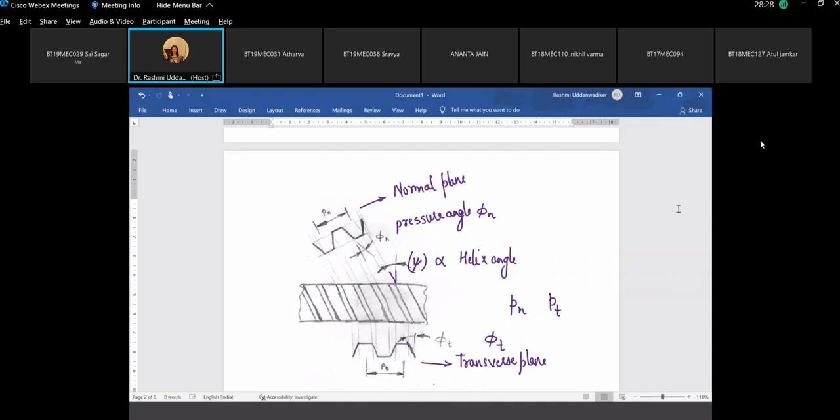Quickly, please. Pn is equal to Pt into cos alpha. And the same relationship will be there for module. So normal module will be transverse module times cos of alpha. This equation will be used for designing the gear.